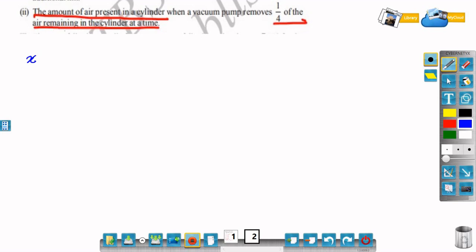Now you have to write the amount of air present in the cylinder after 1/4 of the air in the cylinder is removed.